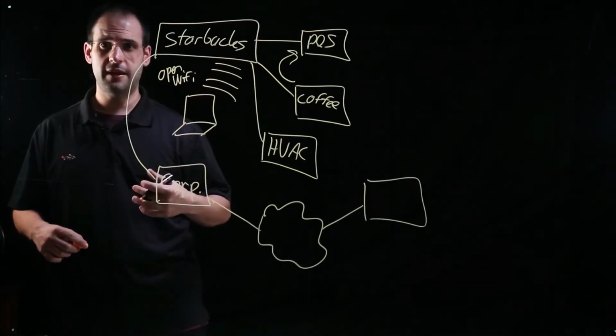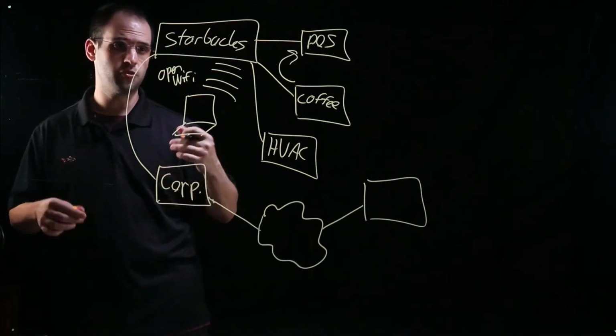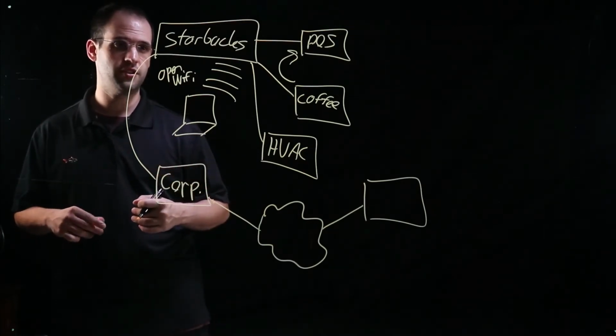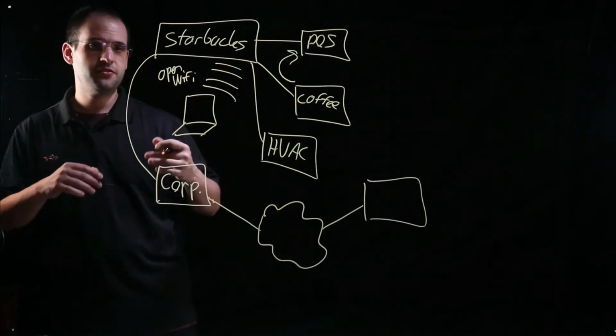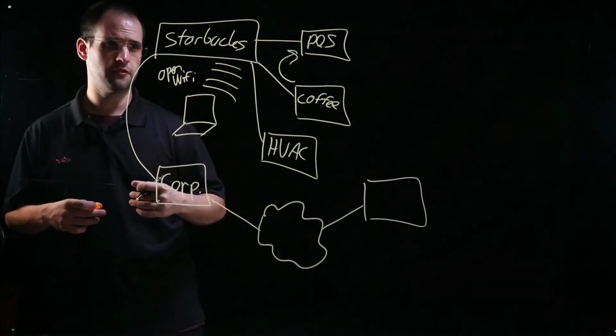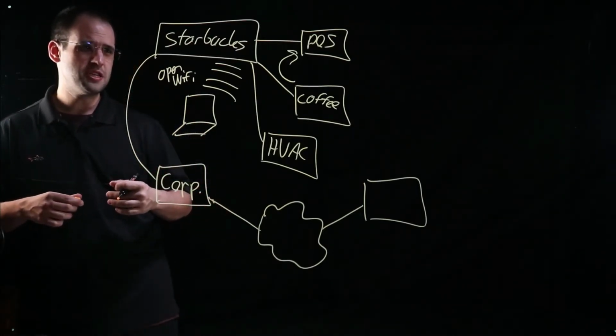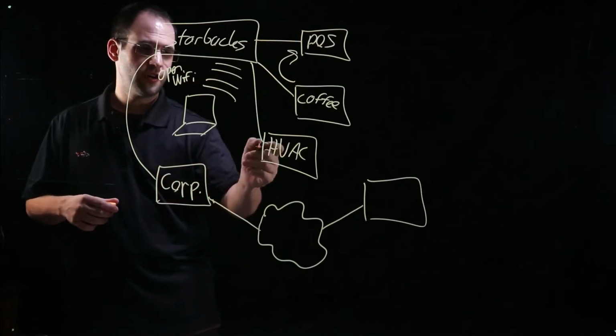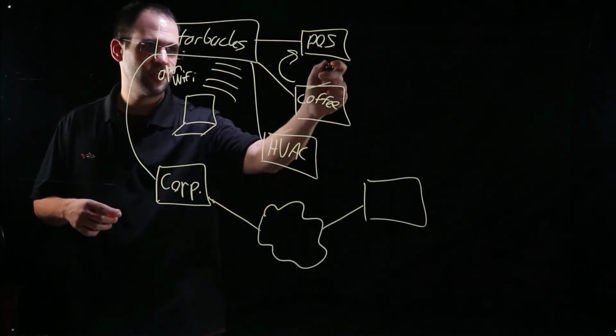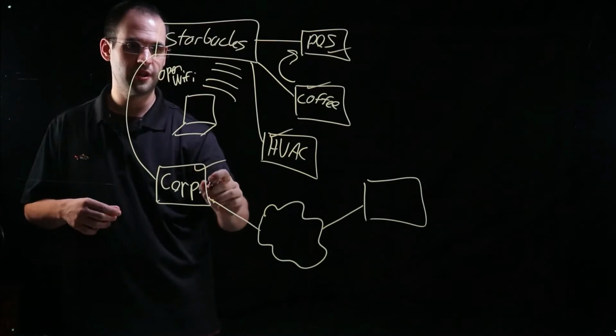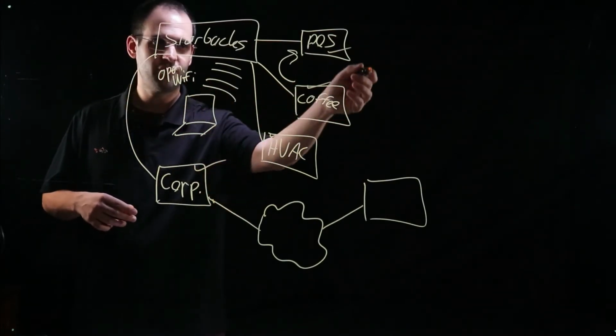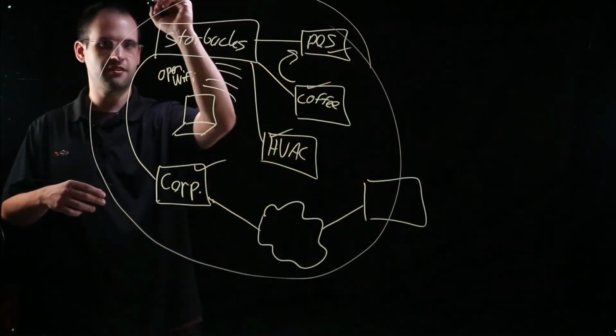A school, for example, will have many different networks in it. And each of these networks has a different purpose. Imagine if we put our HVAC system, our coffee, our point of sale system, and our corporate network, along with the open Wi-Fi, all on one giant system.